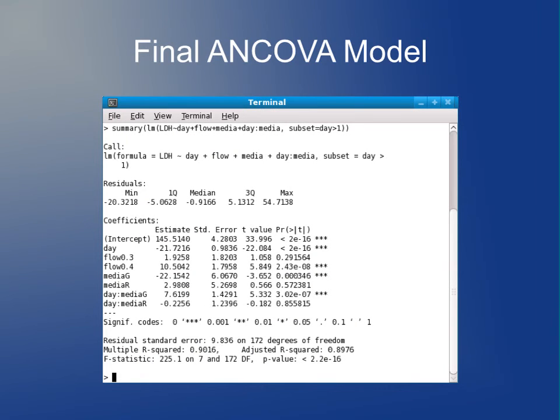Our final model looks something like this, consistent with what we saw before: a flow rate of 0.4 is associated with higher LDH, media G is associated with lower LDH, and there's this day media interaction, that if you have media G, the LDH level doesn't decrease quite as much at day 5 and 6 as we would expect.